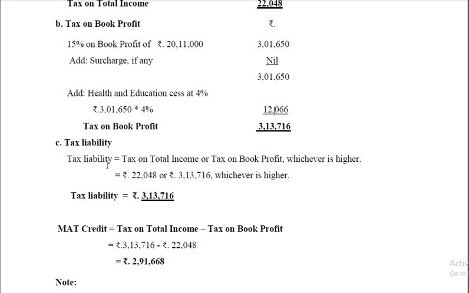Now tax liability. What is tax liability? Tax liability is equal to tax on total income or tax on book profit, whichever is higher, not lower, higher. So here 22,048 is the tax on total income. 3,13,716 is the tax on book profit. Of these two, the second one is higher, therefore that is the tax liability.